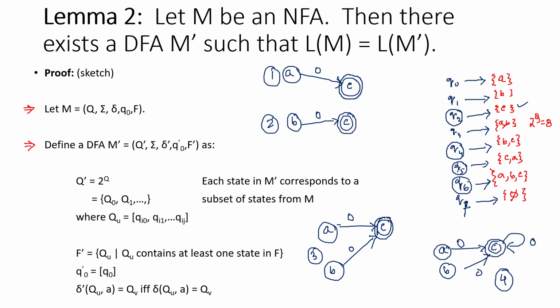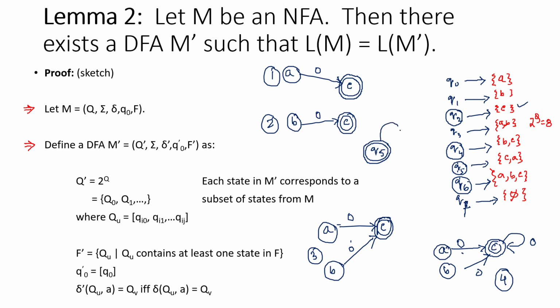If any one of them is used to reach C, then I can write in the DFA, for example, say Q5, representing CA, is a final state in my DFA.